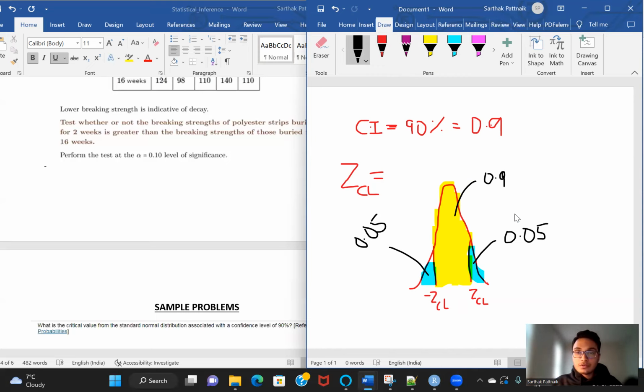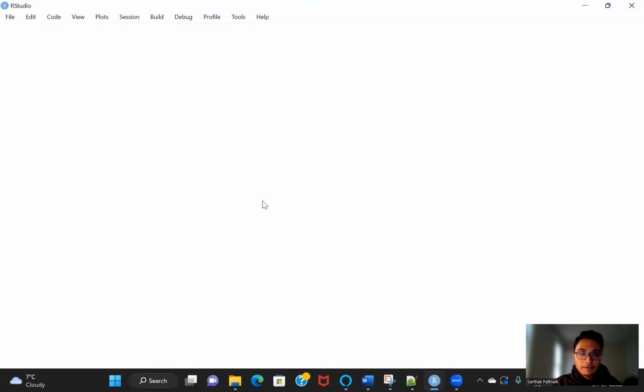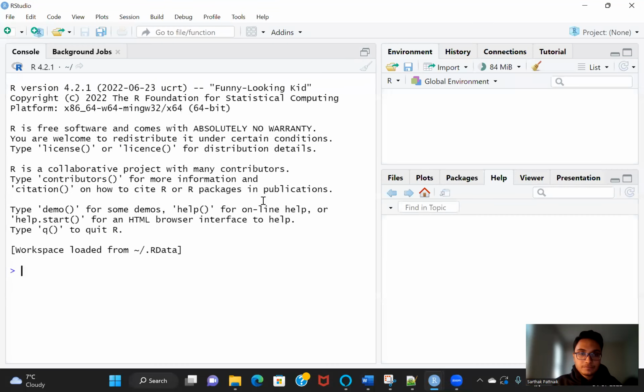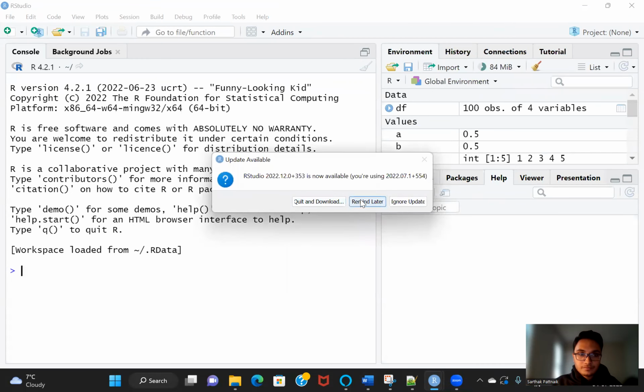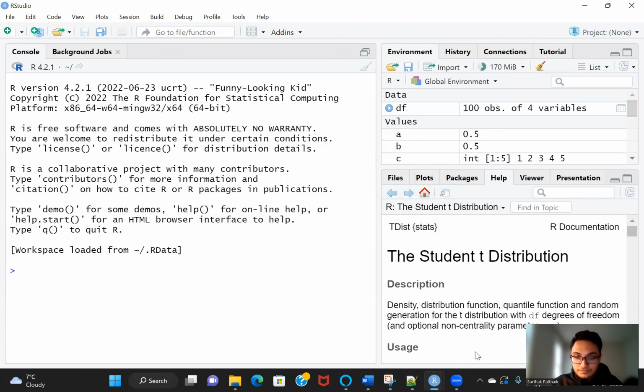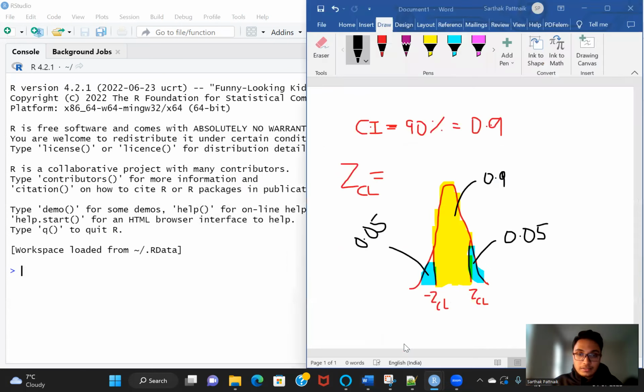Cool. So now with this information, we need to calculate the value of Z critical. So we'll open our studio. Right. So as you can see, I need to calculate the value of Z critical. What is the area to the left of Z critical? It is 0.95, 0.9 plus 0.05. So we have been given the area to the left of a critical point.